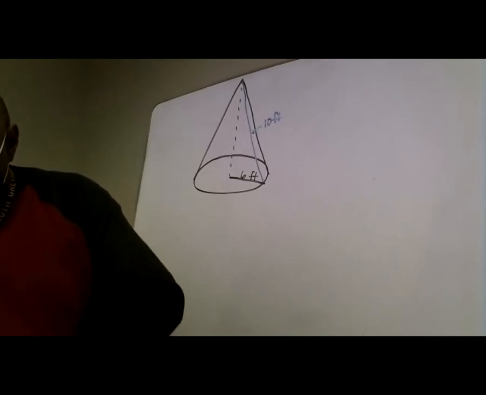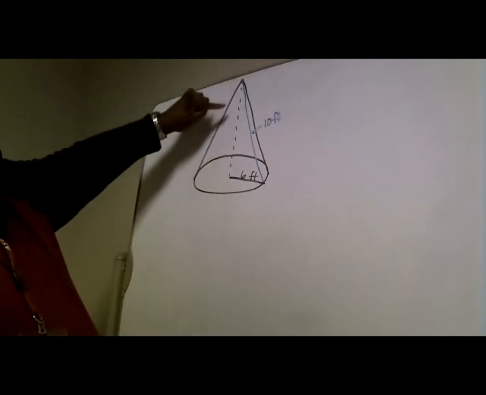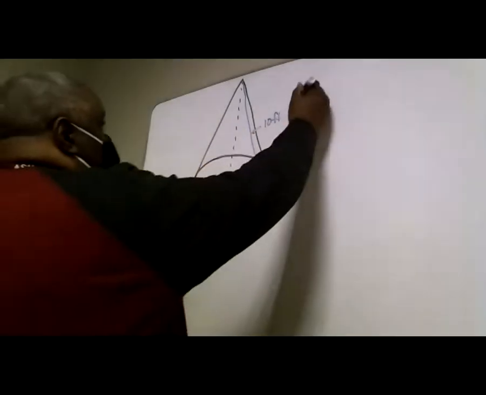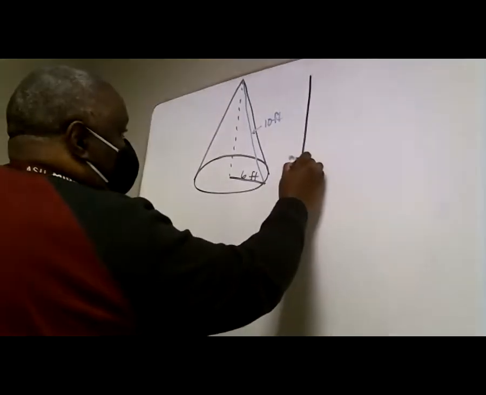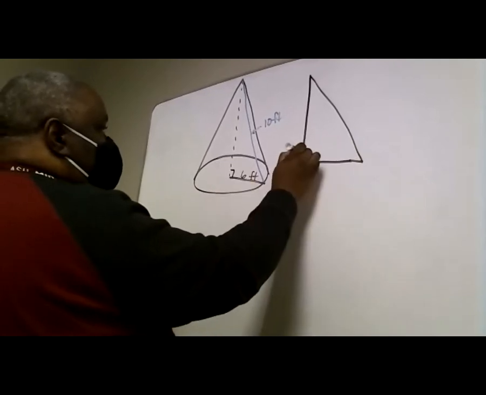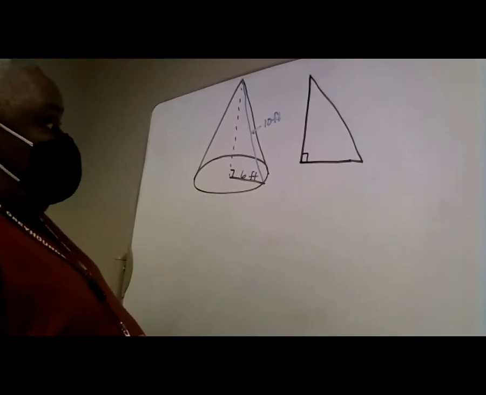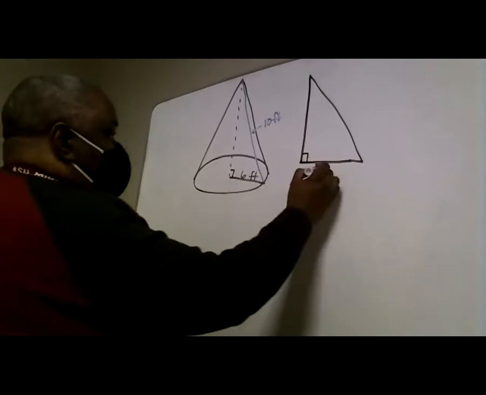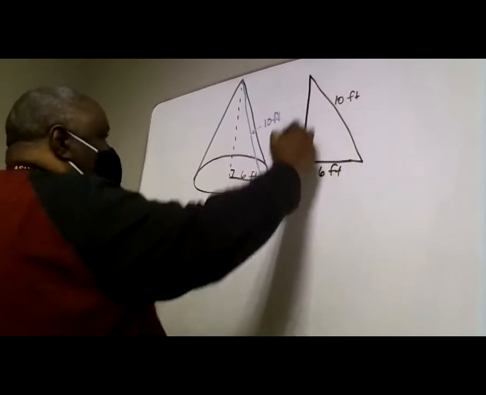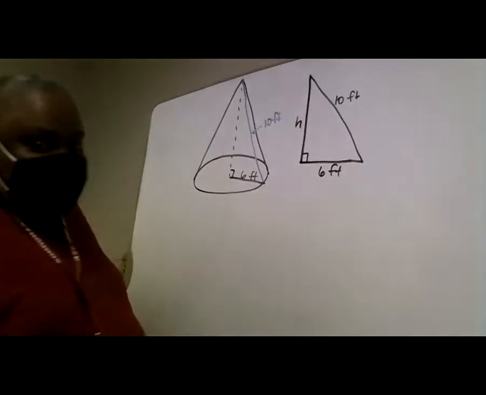Now, what we are missing in this problem is what this dotted line is. That's the vertical height of the cone. If I draw this, in reality, you'll see that this is a right triangle. This length is 6 feet, and this length here is 10 feet. We need to know what this height is going to be. That's the h.